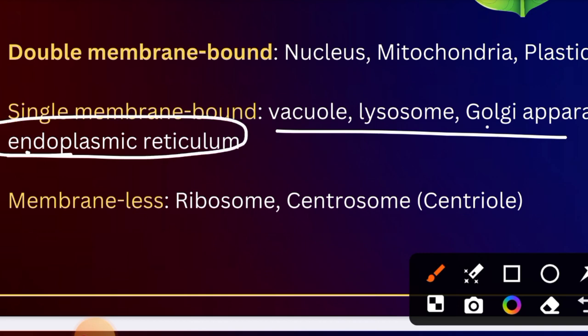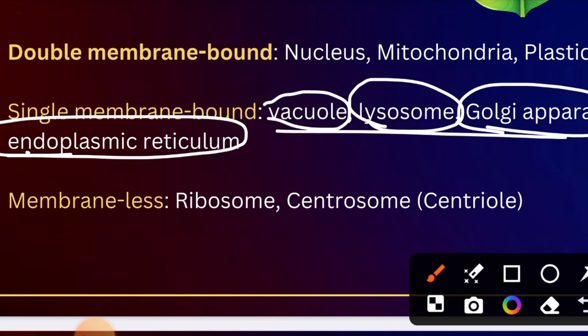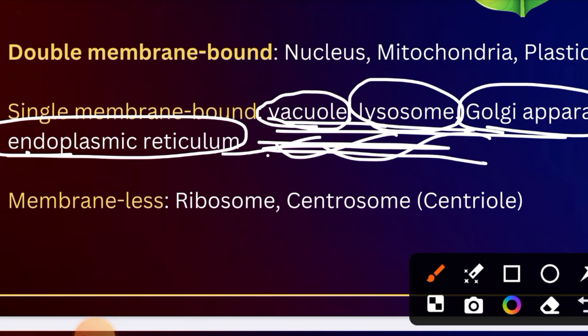Golgi apparatus is transporting them. Lysosomes, what are they doing? They are digesting the extra material and storing it inside, and the vacuole helps in expelling, means throwing out the waste product. So this is how the endomembrane system works. You just have to learn whatever is working in the endomembrane system.